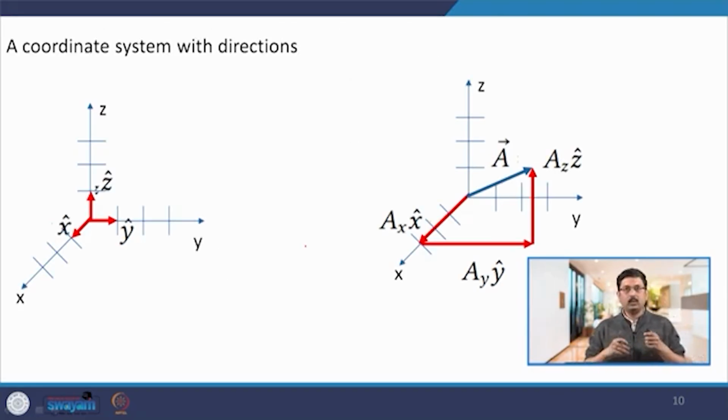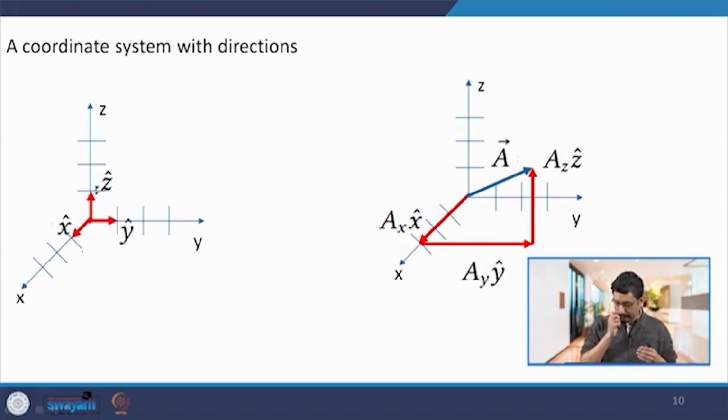Here is a quick recall: a vector is an arrow, the length of the arrow is the magnitude and the direction of the arrow is the direction of the vector. First we choose an origin, a point, and from the origin we choose a coordinate system. Here are my x axis, y axis and z axis, and these little red vectors represent the direction of the coordinate axes.